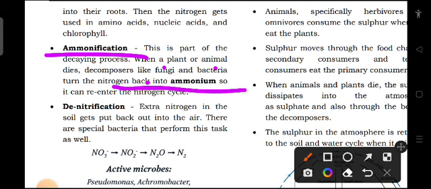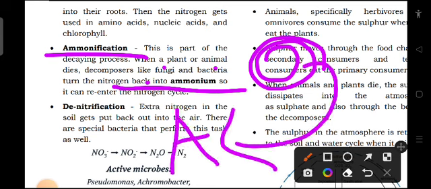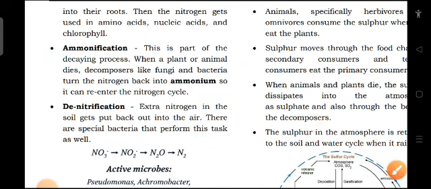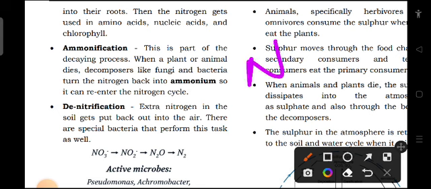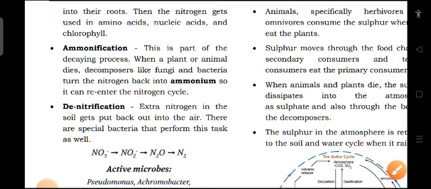So what was in the form of nitrate or nitrite is converted again into ammonia after the plant's death. This ammonia can be further turned into nitrogen and it will reach the atmosphere. So this is how the cycle continues after the death and decay.